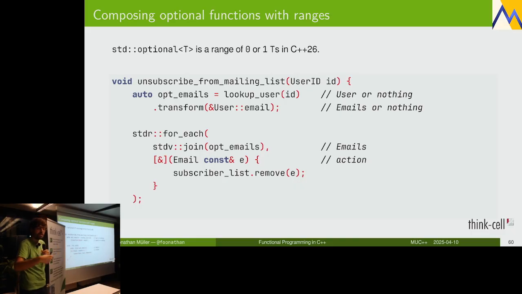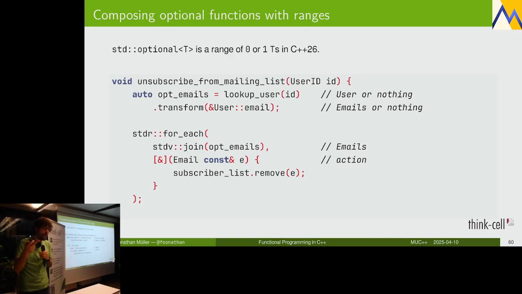And this will take a range of ranges. In this case, the outer range is an optional, so a range of 0 or 1. And the inner range is a range of emails. And it will join it back together. And so if you have an empty optional, then the outer range is empty, so join will be empty. Whereas if you have an outer range of 1 element, which is a range, then the join will be that range. So this flattens it out, and then we can just use the for each algorithm, for example.